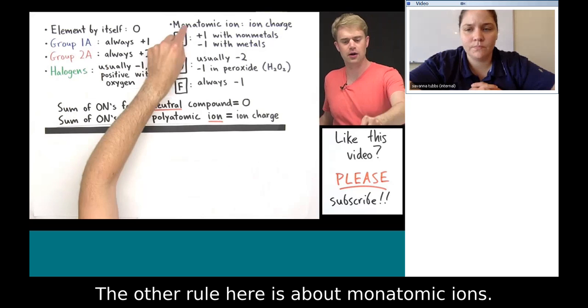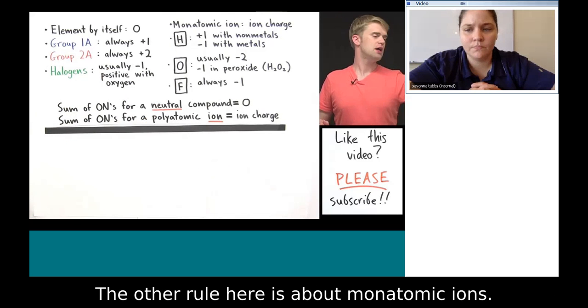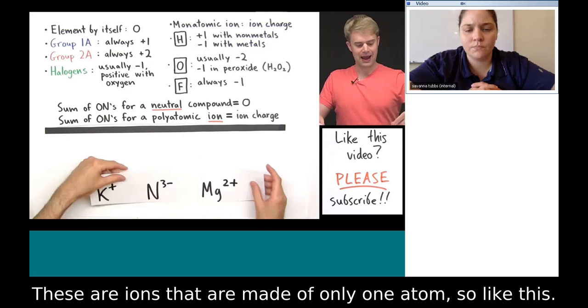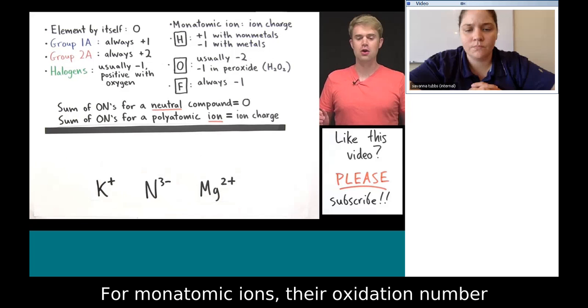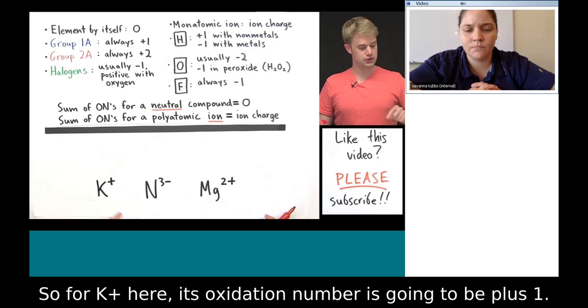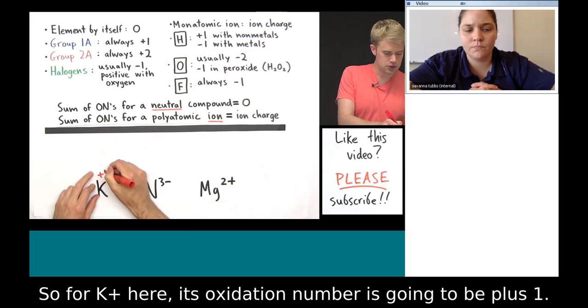The other rule here is about monatomic ions. These are ions that are made of only one atom. So like this. For monatomic ions, their oxidation number is the same as their ion charge. So for K plus here, its oxidation number is going to be +1.